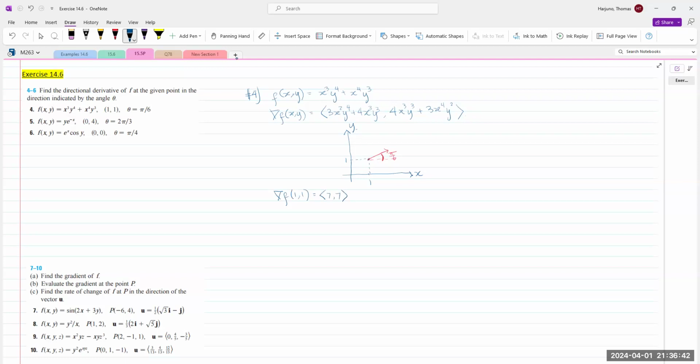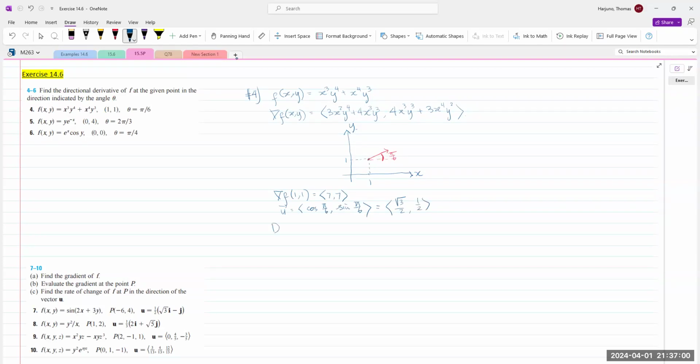And then the u will therefore be cosine pi over 6, sine pi over 6, which is radical 3 over 2, 1/2, right?